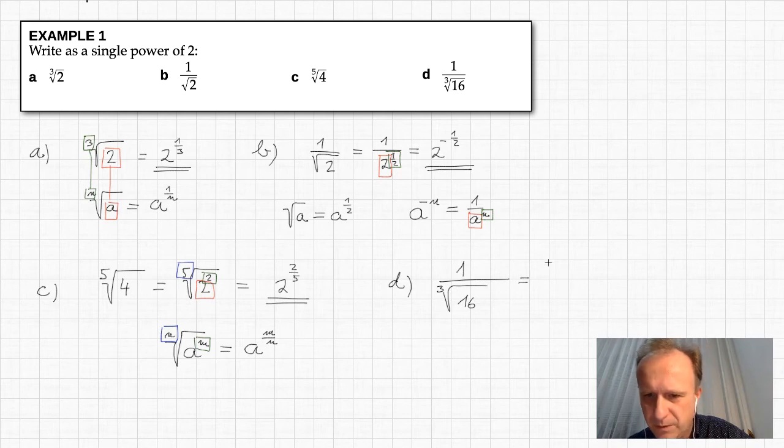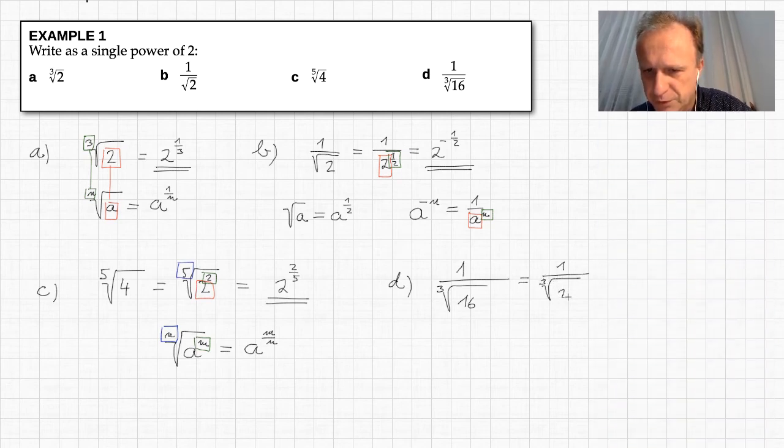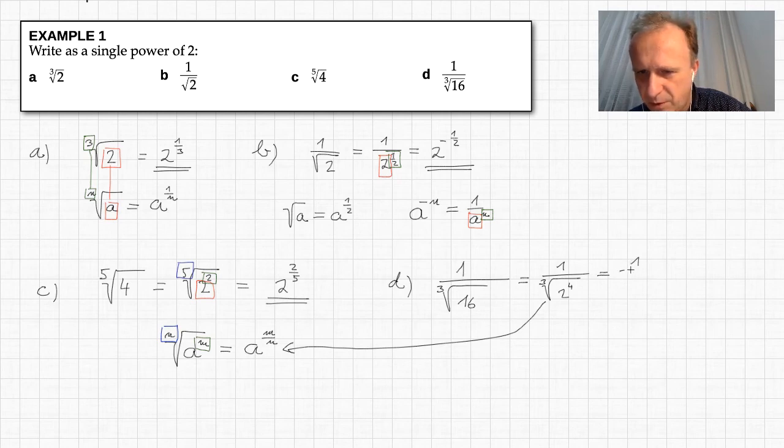Okay, so we can write it as 1 over the third root of 2 to the power of 4. Now I'm going to use the same law to replace the denominator, so it's just 1 over 2 to the power of 4/3.